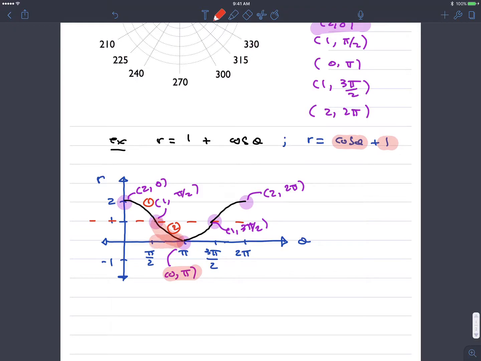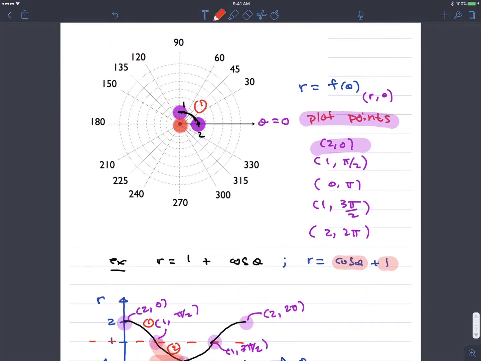What happened with my radius? I went from 1 to what? To 0. So in this quadrant, I have to go from a radius of 1 now to a radius of what? 0. And it kind of looks like this. I know it's not so pretty, but let's do it like that.